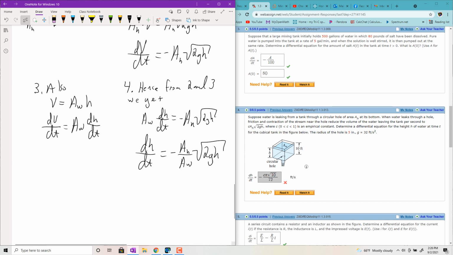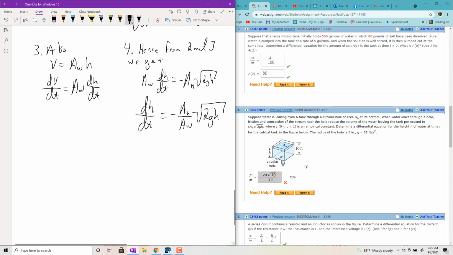Okay. One other thing to worry about, like question 4 here, when you go to do your homework, they're going to give you, like, the radius is 5 inches, the gravitational constant is 32 feet per second squared, the height of this cube thing, and the volume will be 100 because it's a cube, but note everything's in feet.